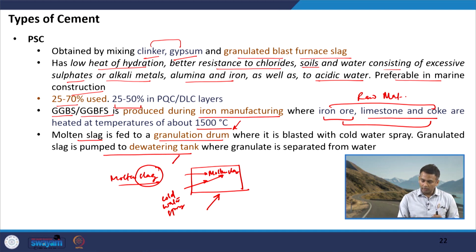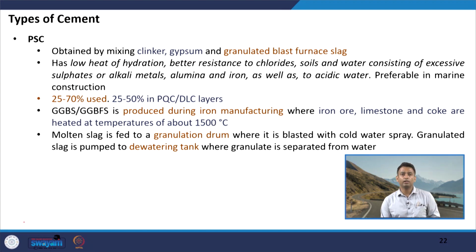In the dewatering tank, the water is removed from the granulated slag, and what we get, we call glass granulated blast furnace slag. One more reason for calling it glass granulated blast slag is that we are basically combining the hot molten slag with cold water.